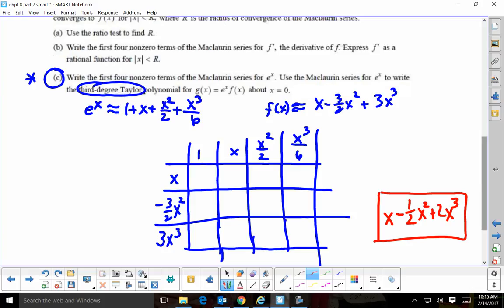See if you get that for your final answer. So anytime you're multiplying, if that degree is going to be bigger than 3, do you have to even write it down? No.